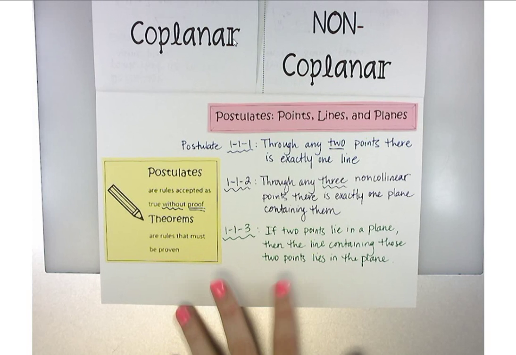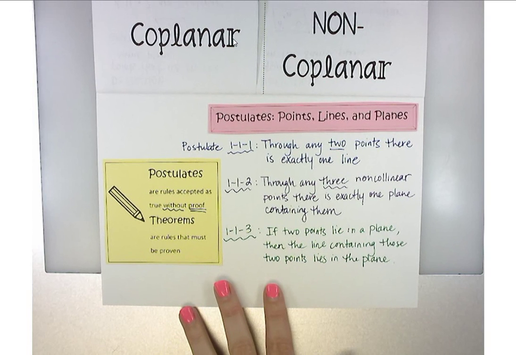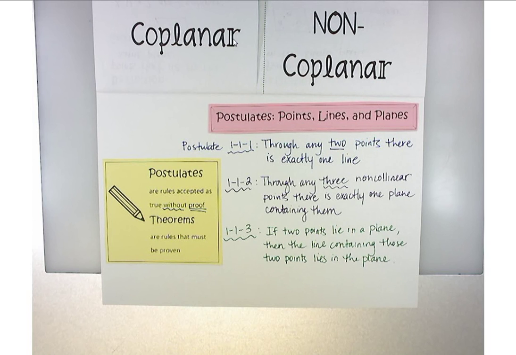And then did we have time to talk about the postulates? Okay, so maybe some of us need to finish writing down the postulates. Maybe some of us need to glue in the yellow piece of paper or the pink piece of paper.